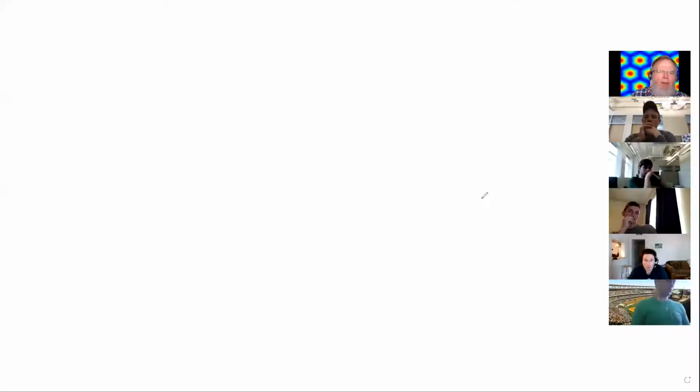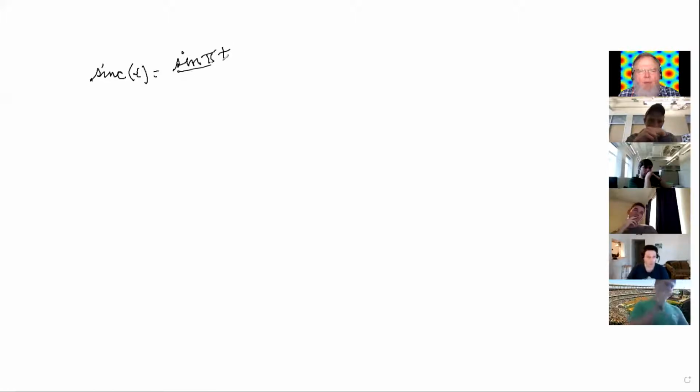By sharing my whiteboard here. You notice that the sinc of t is equal to the sine of pi t over pi t. There's a reason for doing that, one of which is that the sinc is very nice to remember.